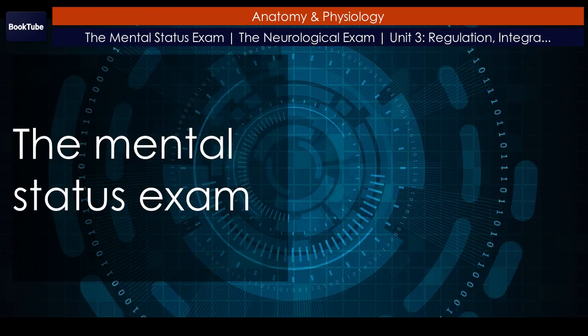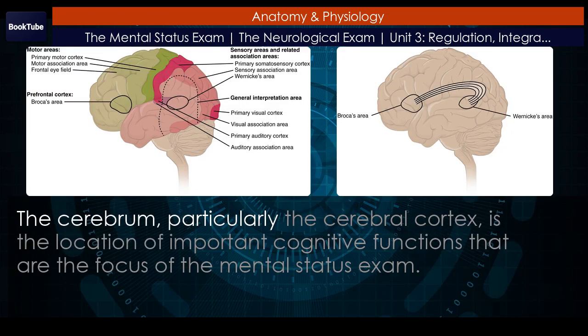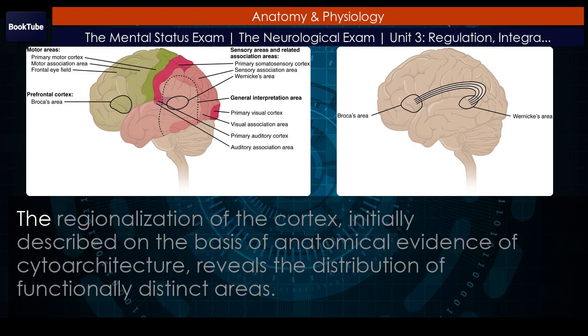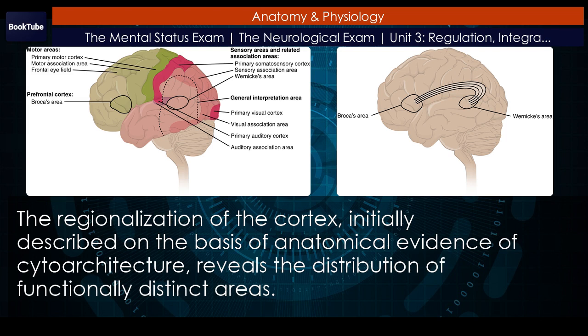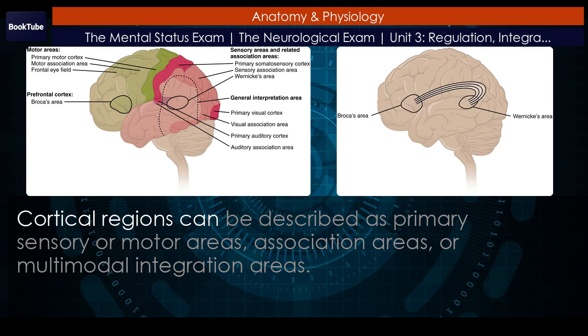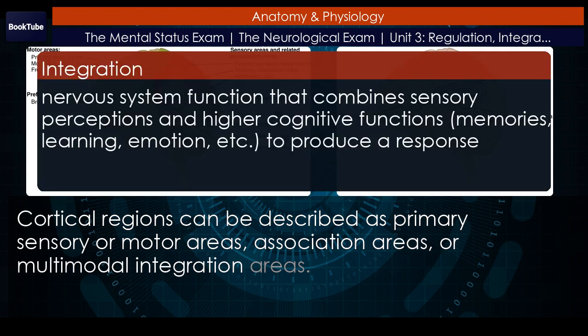The mental status exam. The cerebrum, particularly the cerebral cortex, is the location of important cognitive functions that are the focus of the mental status exam. The regionalization of the cortex, initially described on the basis of anatomical evidence of cytoarchitecture, reveals the distribution of functionally distinct areas. Cortical regions can be described as primary sensory or motor areas, association areas, or multimodal integration areas.